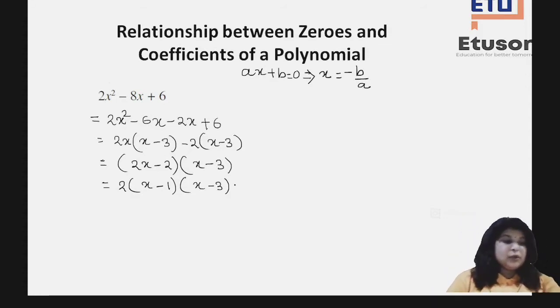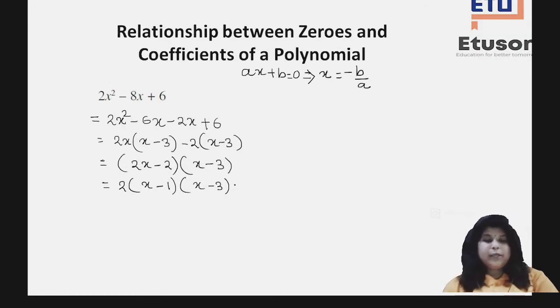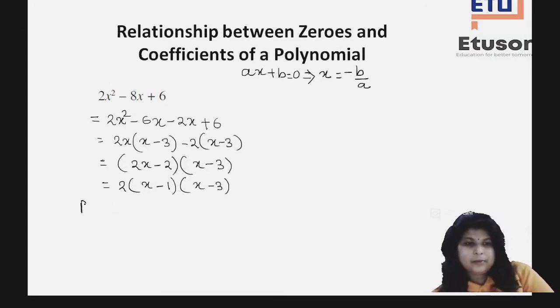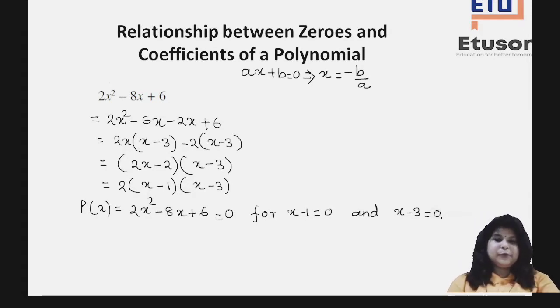Correct or not? So now we can tell that p(x) = 2x square minus 8x plus 6 is equal to 0 for x minus 1 equal to 0 and x minus 3 equal to 0.